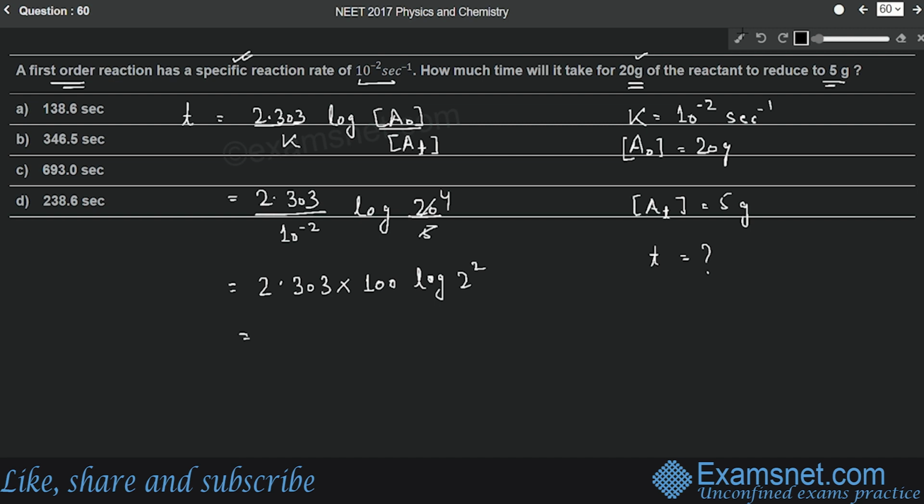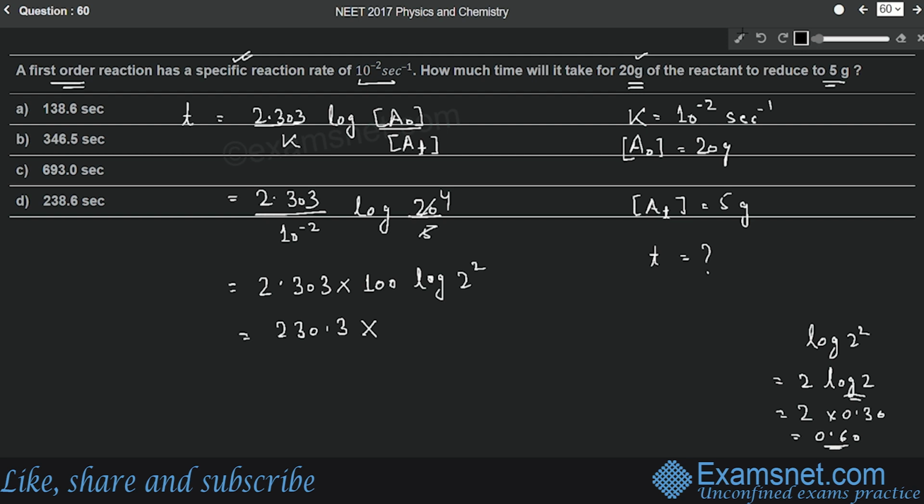So here 2.303 into 100, that means 230.3, and log 2 square, that means 2 log 2, and the value of log 2 is approximately 0.30, so it will be equal to 0.60, okay, approximate value.